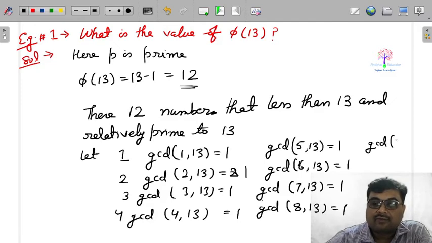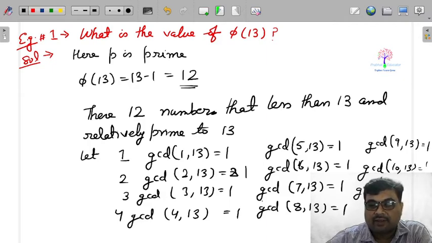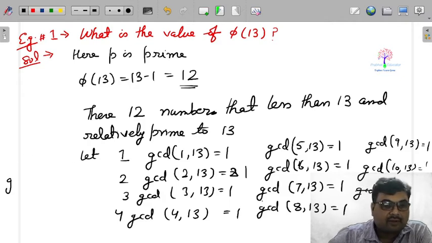GCD of 9 and 13, you get 1. GCD of 10 and 13, you get 1. GCD of 11 and 13, you get 1.